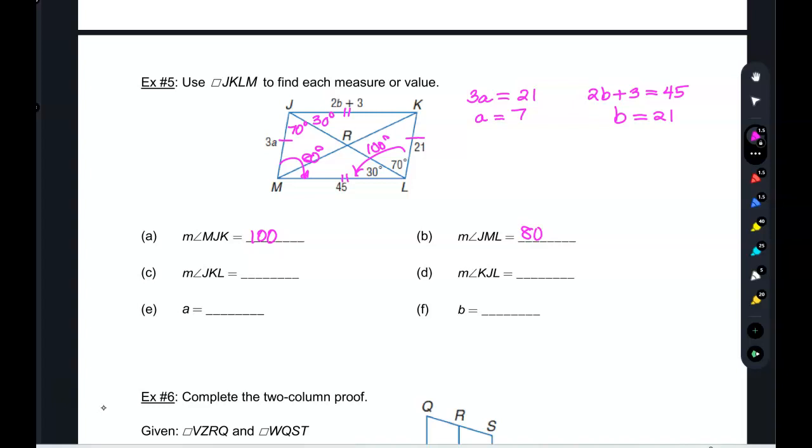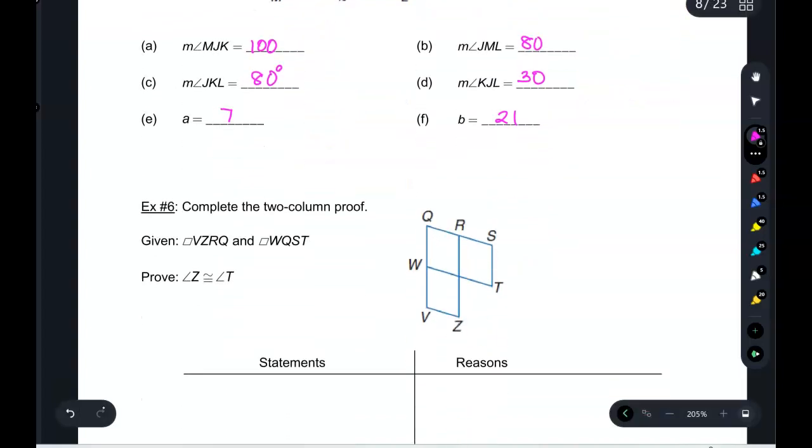Same thing, right? 80 degrees. All right, angle KJL. KJL, 30. We already labeled it. And we already found A and B over here, so we'll put A is 7 and B is 21. Yeah, these are the easier ones. Most of the homework will be just setting things equal like this or supplementary.